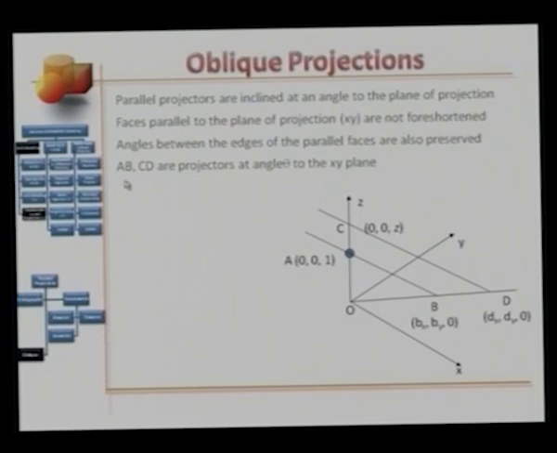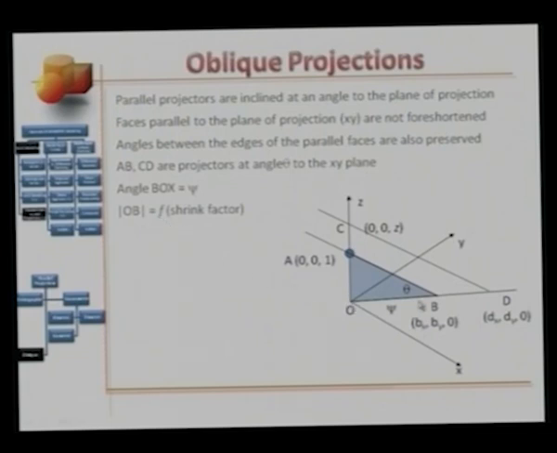Once again, AB and CD are projectors at angle theta to the xy plane. This is the angle. Let me shade the triangle AOB. Let me also specify the angle BOX as psi. Let me say that the distance OB is equal to F, and let me call it a shrink factor.